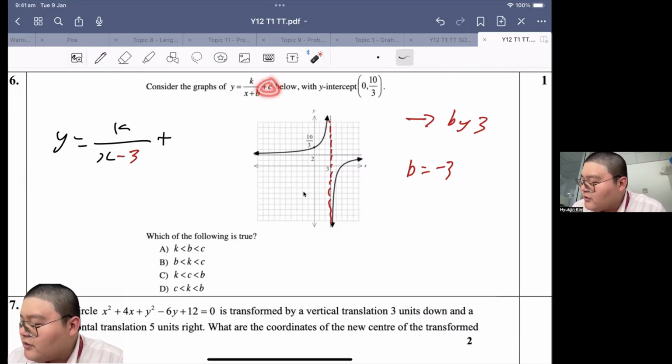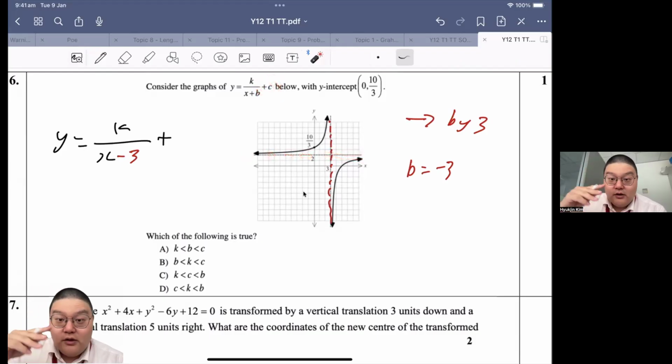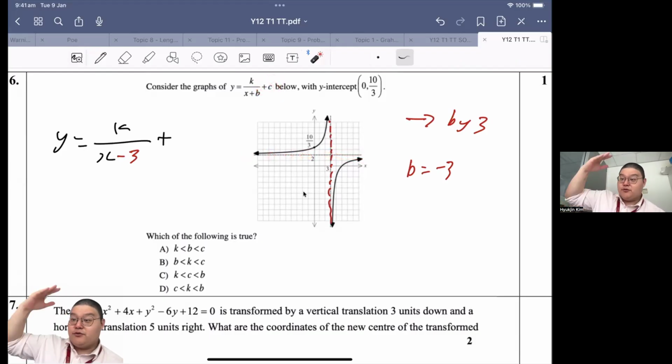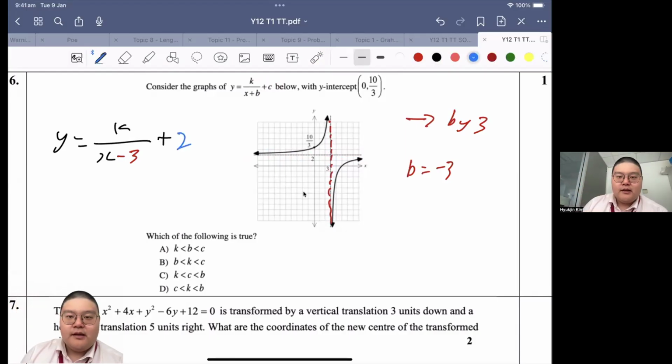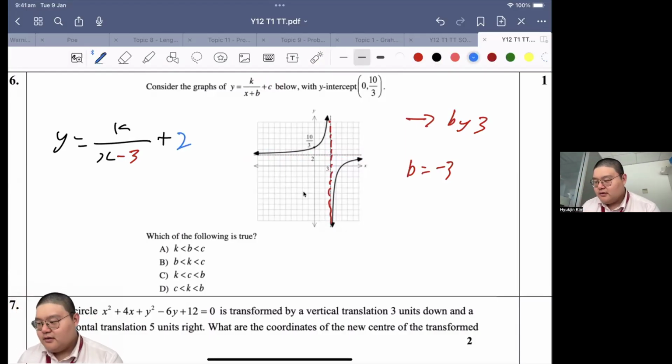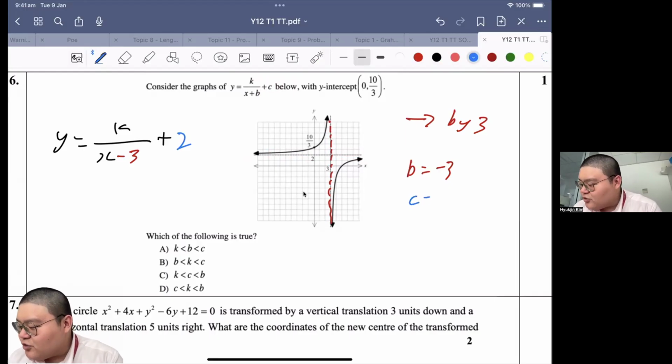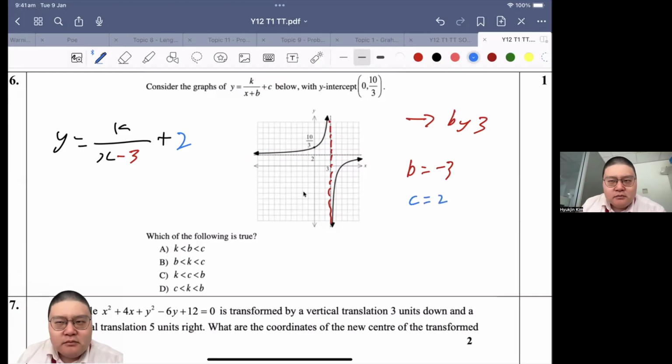What's the constant? Oh no, there's an elevation by 2. The horizontal asymptote went from 0 to 2, like that. Okay. So now I know C is 2. Is that enough? We'll see.